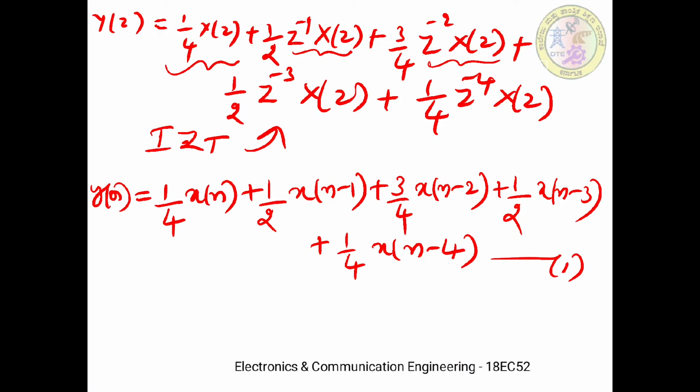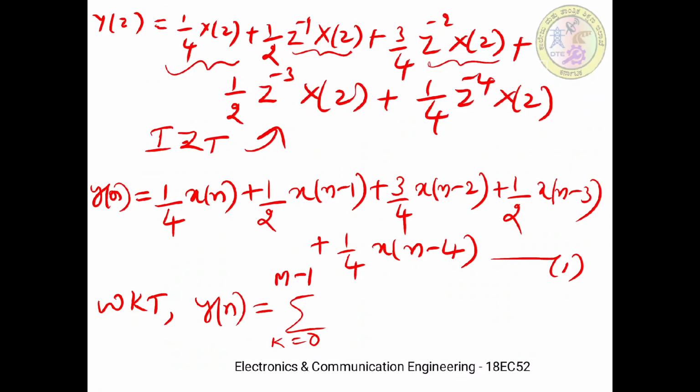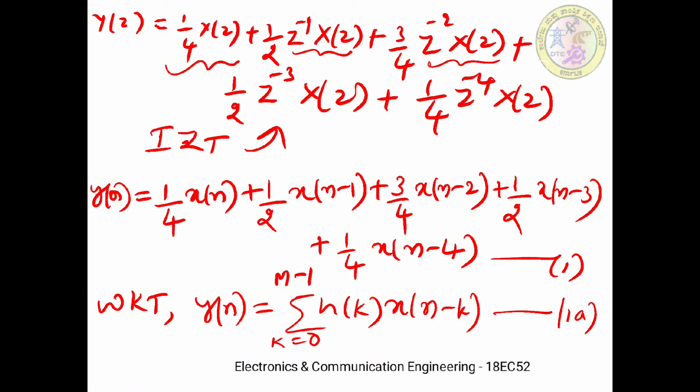Okay. Now we already know one relation, that y of n is also equal to summation k equal to 0 to M minus 1, h of k into x of n minus k. Call this equation 1a. Okay, so this is a standard form of this FIR system only. So now we will compare the two equations.